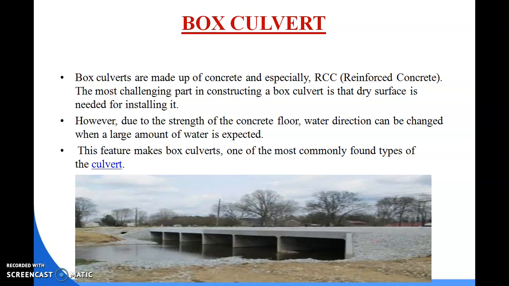However, due to the strength of the concrete floor, water direction can be changed when a large amount of water is expected, and this feature makes the box culvert one of the most commonly found types of culvert. This is the picture of a box culvert. See here, the culverts are all made in a box-like shape, and the waterway passes very easily. There are no obstructions.